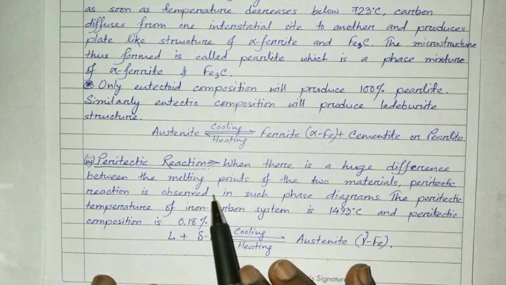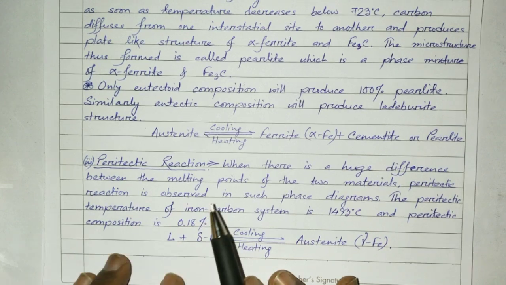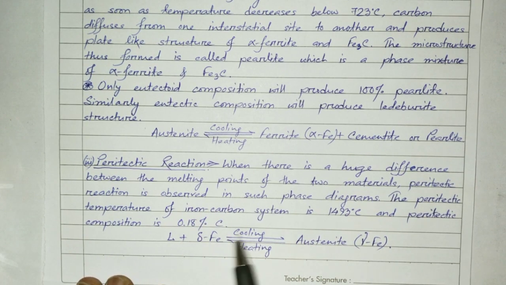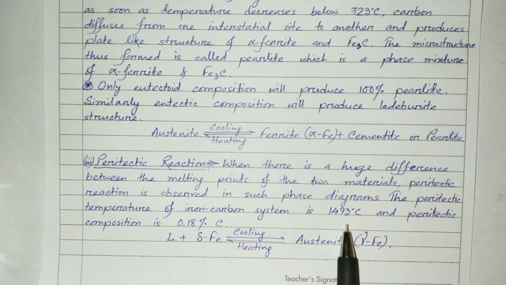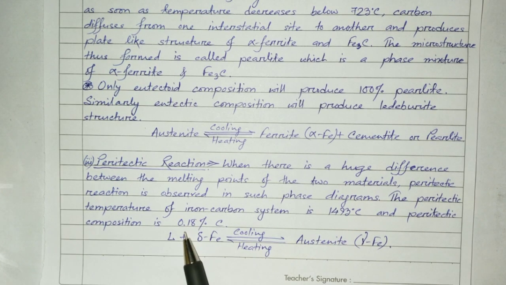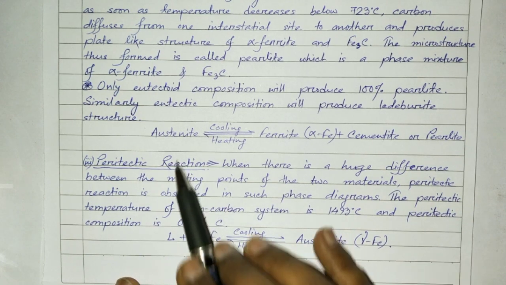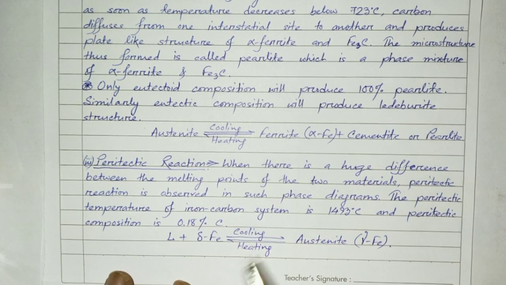The peritectic reaction takes place at 1493 degrees centigrade and at a composition of 0.18% carbon. What happens here is liquid iron and delta iron on cooling form austenite.